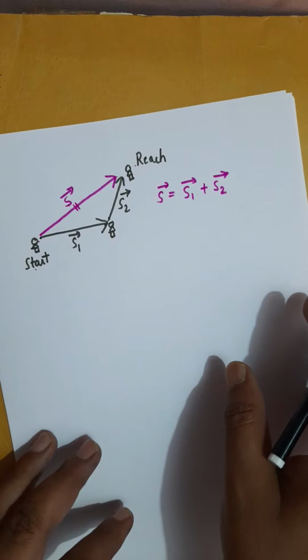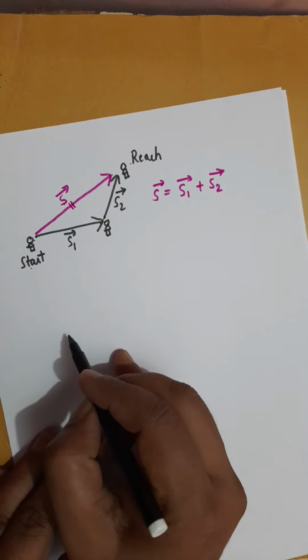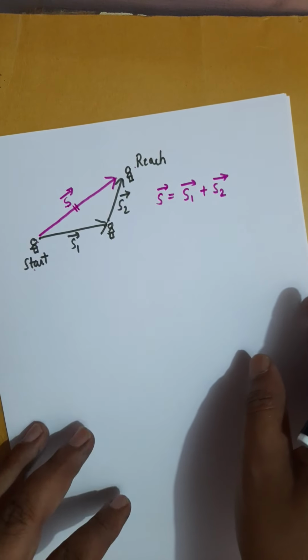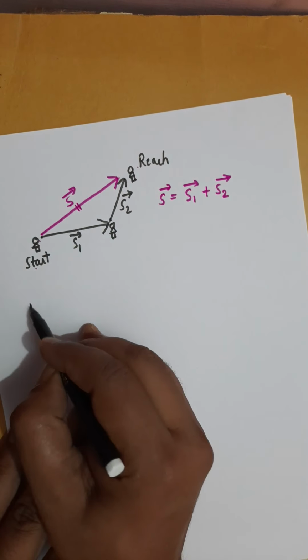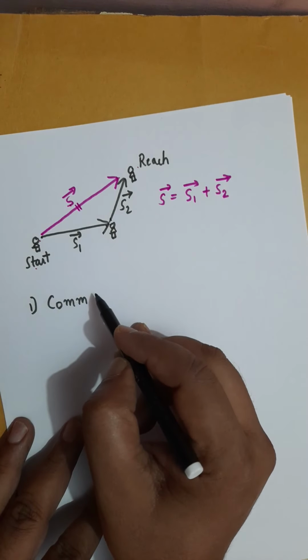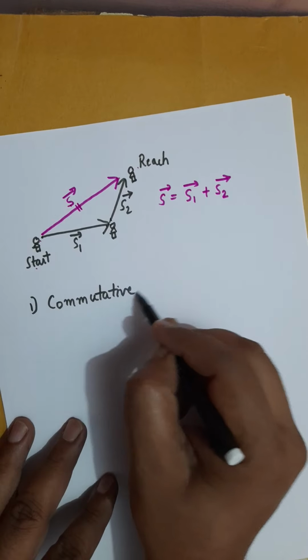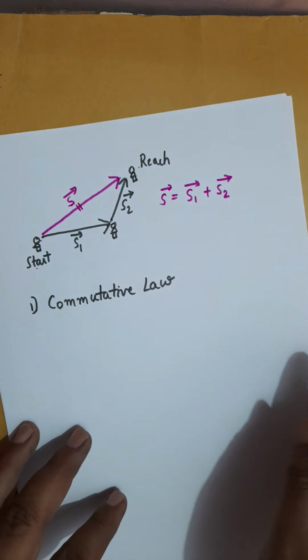Two important laws regarding vectors are as follows. Law number 1 says that when you add vectors, there is a very important law called the commutative law. And what is the commutative law?